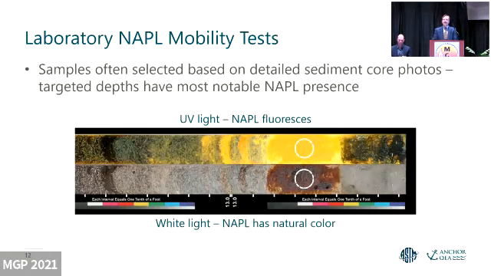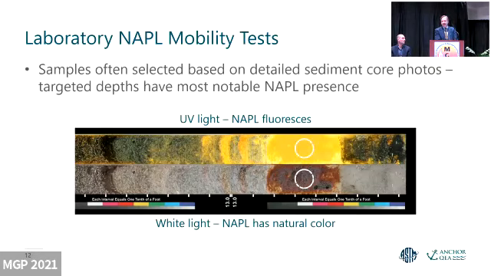One of the fundamental technical backbones of many NAPL mobility evaluations is laboratory tests of NAPL mobility. And typically the samples that are used in these assessments are taken from zones that have the most abundant NAPL presence.